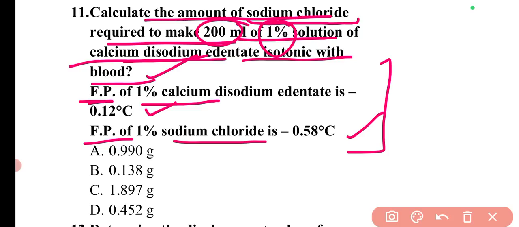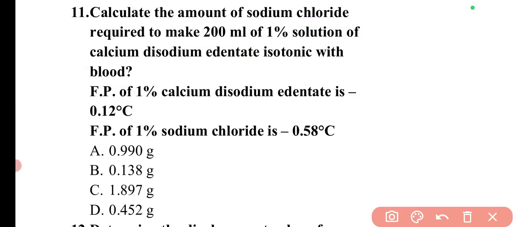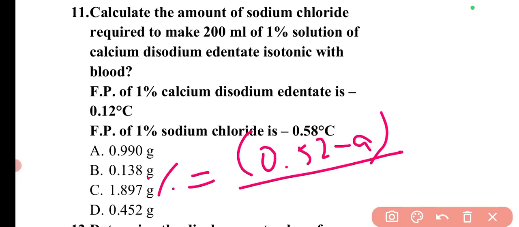So here we have these two values. Now we will simply apply the formula for percentage of adjusting substance. There is a very simple formula: you put 0.52 minus a, whole divided by b.